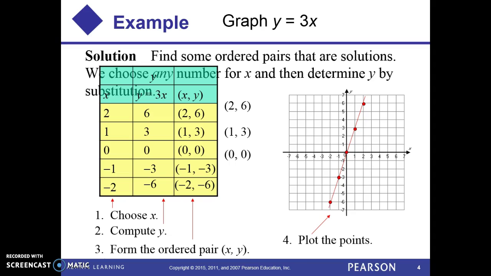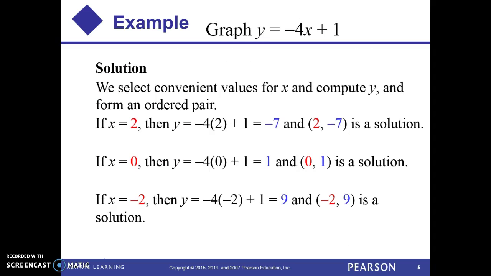There are several different examples in this week's presentation where they give you an actual line and say graph this line, and you simply pick numbers. Pick numbers that are easy to work with. For example, the next one on here is y equals -4x plus 1.